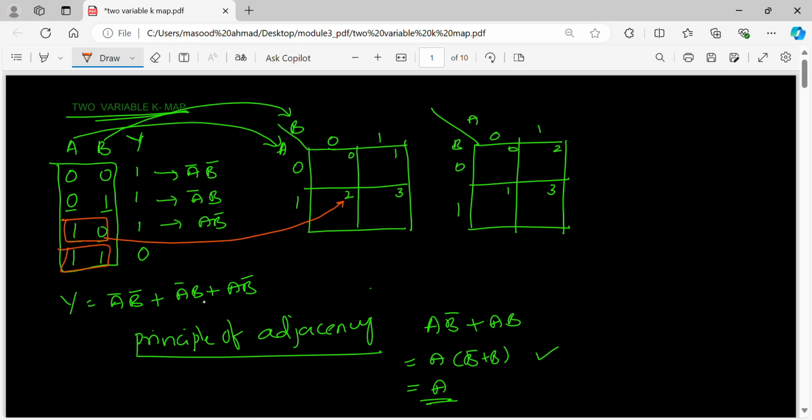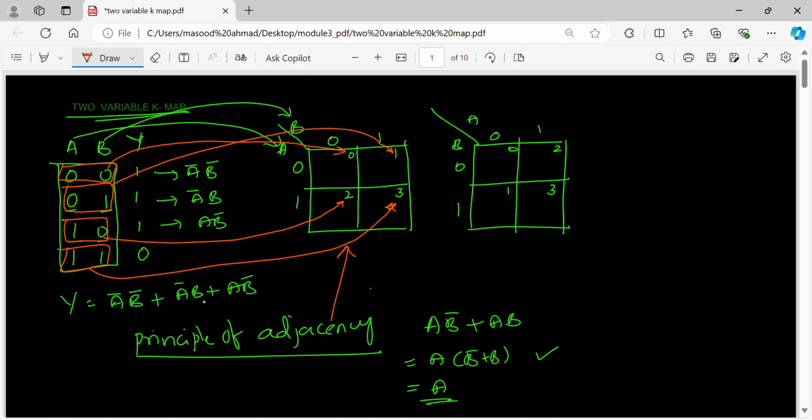Value 3 is mapped over here, value 1 is mapped over here, and value 0 is mapped over here. So the K-map consists of input variables and input combinations. But how are they arranged? They are arranged such that the principle of adjacency is maintained, where if I combine them, I can reduce the variables.